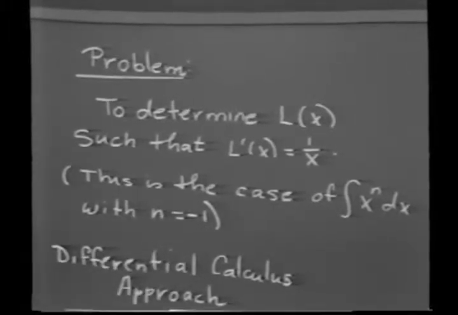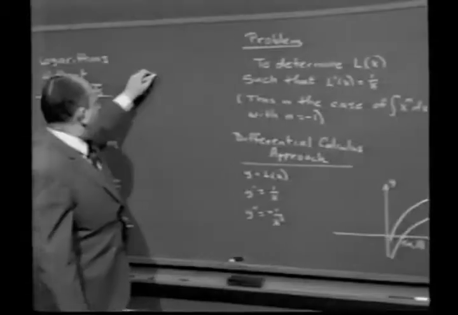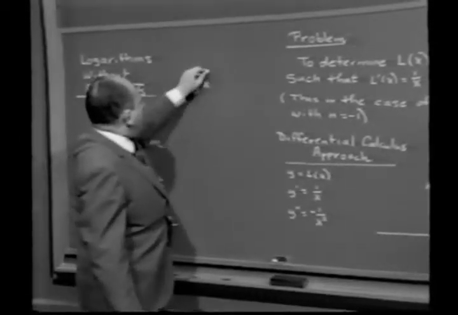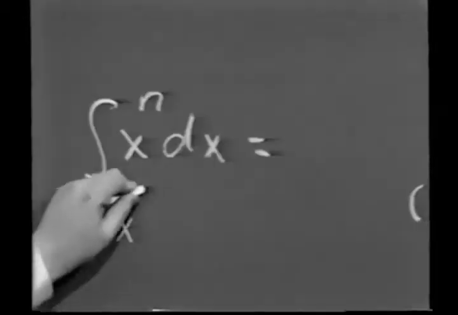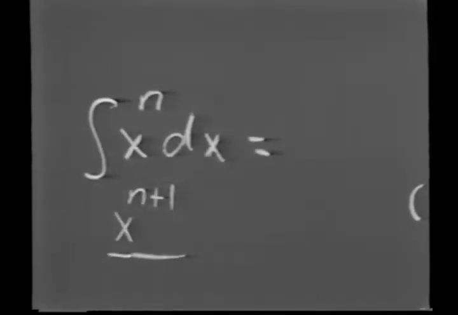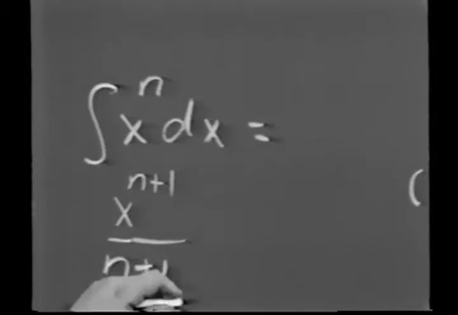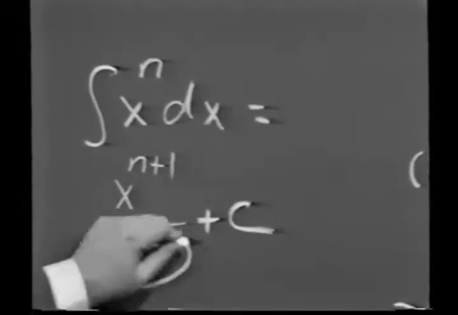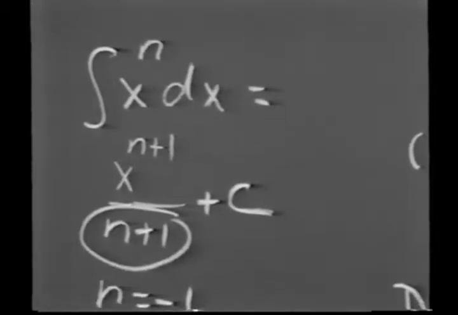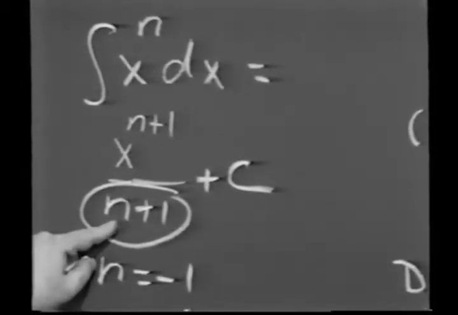And you'll recall that when we studied the recipe of how you integrate x to the n, we saw that that was x to the n plus 1 over n plus 1 plus a constant, and we then observed that this doesn't even make sense when n is equal to minus 1, because we'd have a 0 denominator.